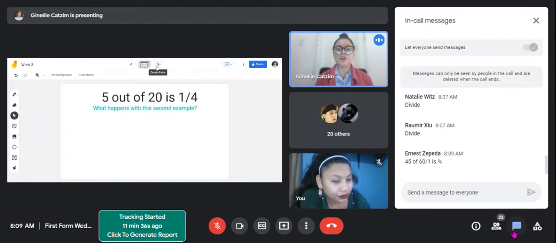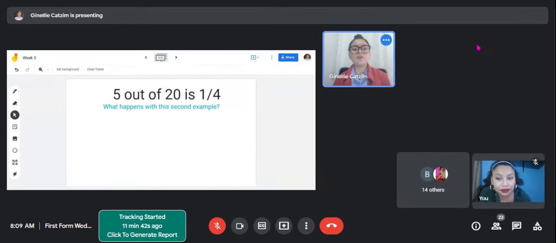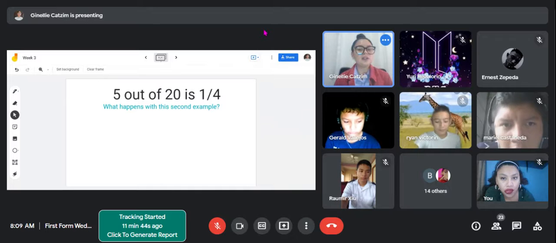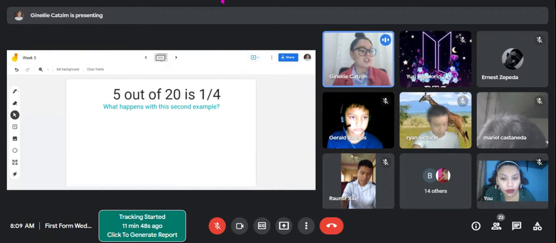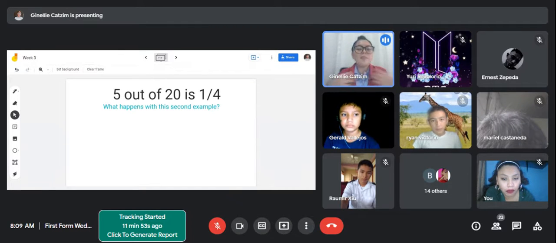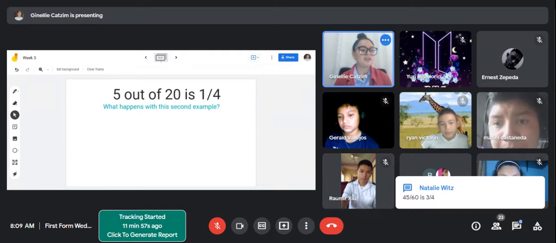What I want you to understand, let's take a look at this example. 5 out of 20 is 1/4. I am giving you how this 5 out of 20 is a fraction. The fraction of 5 out of 20 is 1/4. But what happens that we get 1/4?